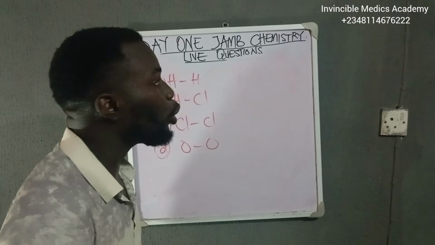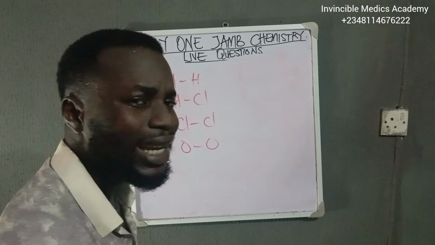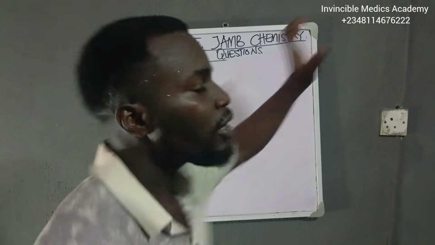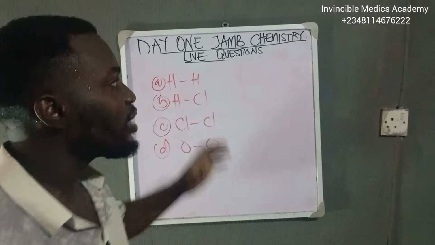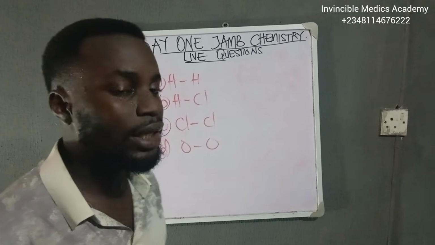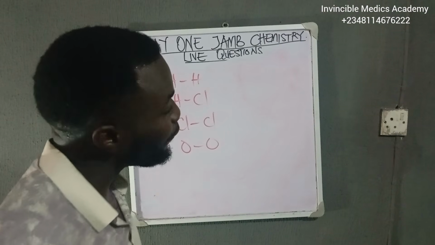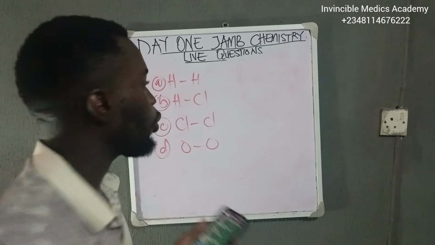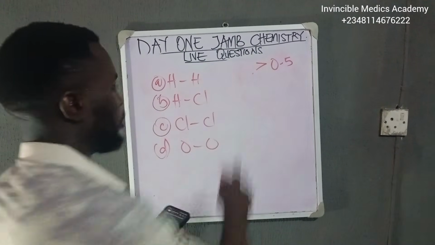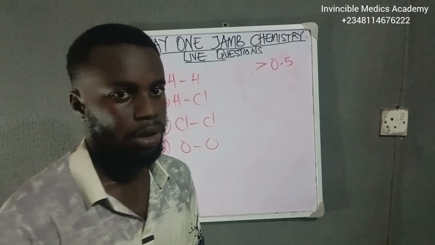Now, polarity of a compound usually arises when you have an element towards the left hand side combining with an element towards the right hand side, because the difference in electronegativity value will be at least greater than 0.5, right? So most times when the difference in electronegativity value is greater than 0.5, that compound is said to be polar, right?